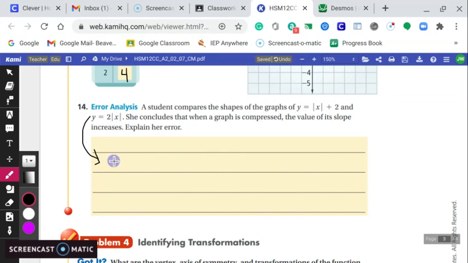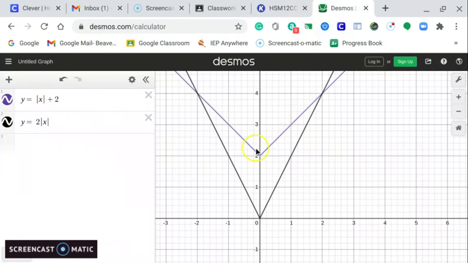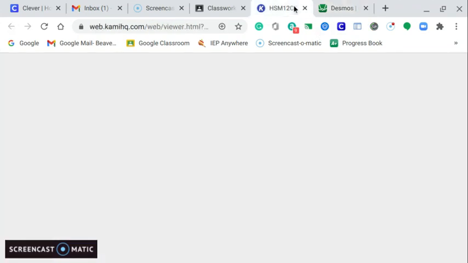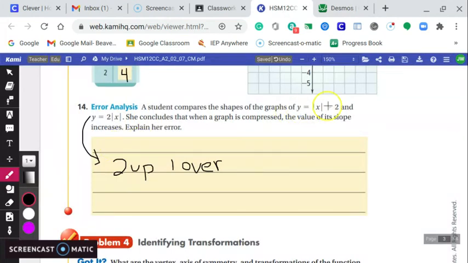So it's 2 up, 1 over. The other one starts at 2, right here, and goes 1 up, 1 over every time. So this one is going to be 1 up, 1 over. We can just put 1 over 1 to show that.